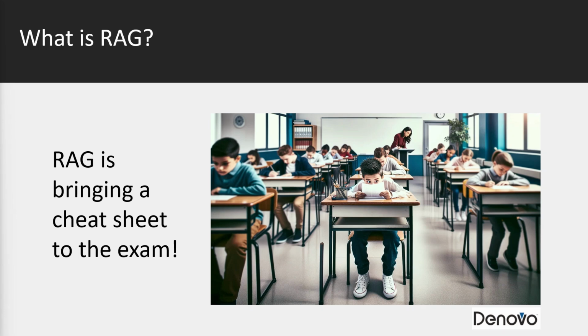So the best way to think of RAG is you're the kid that brings the cheat notes to the exam. RAG is basically a way to give supplemental information to the chatbot.